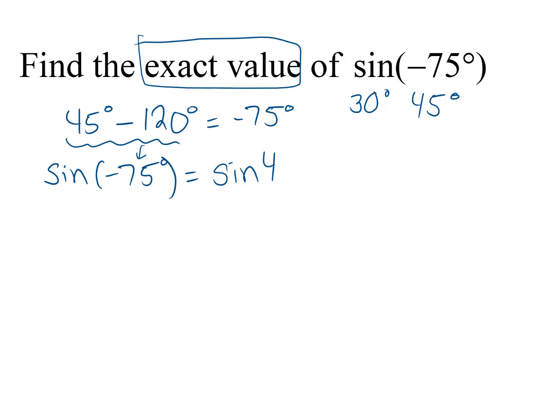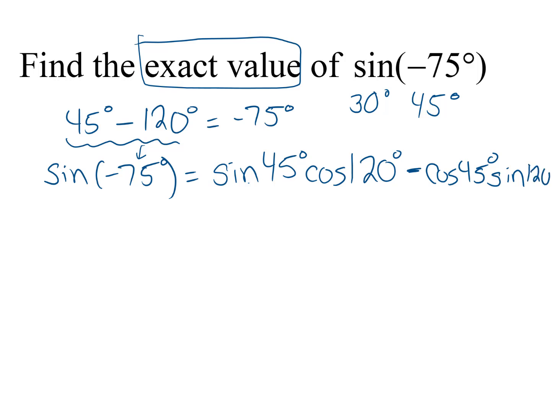So it'd be sine of the first angle, which is 45, cosine of the second angle, which is 120. And then because these trig functions are different, it has the same sign in the middle as these guys, which would be a minus. And then I need cosine of the first angle, which is 45, and I need sine of the second angle, which was the 120. I'm squishing it in because I'm right there at the edge.